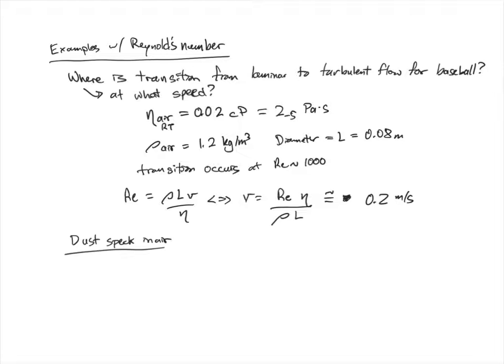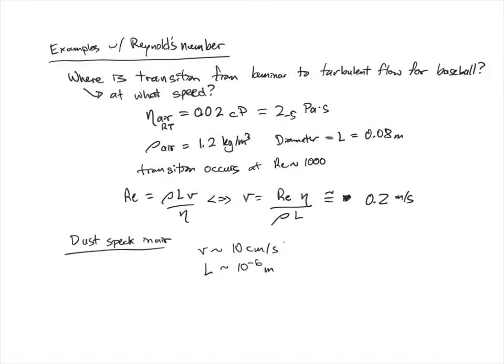We want to know what's the Reynolds number for them, and is the flow of the air around them laminar or turbulent. A typical velocity for a dust speck might be around 10 centimeters per second. If you sit and watch one, maybe a little less, but we'll use that. The diameter of a dust speck can be quite small. Let's pick a small one, 10 to the minus 6 meters.